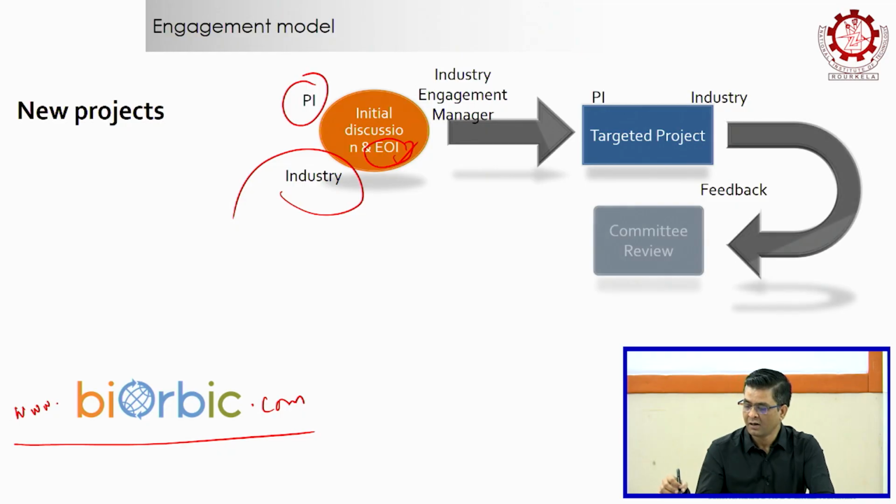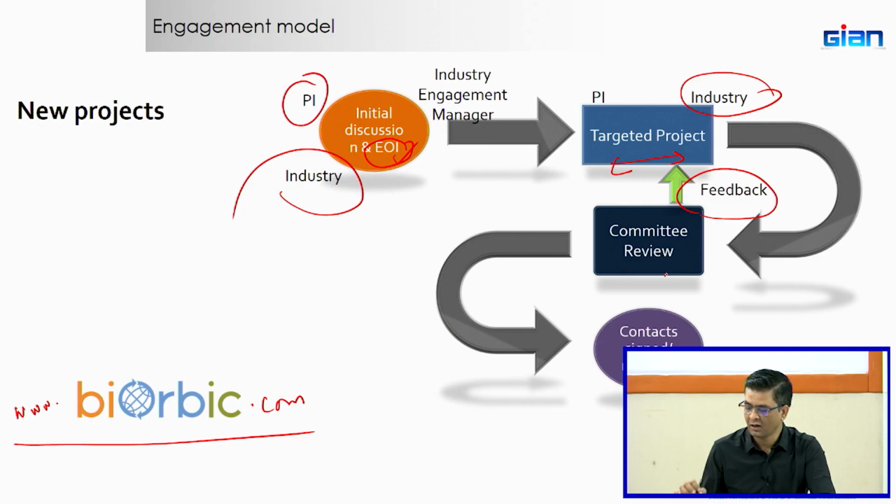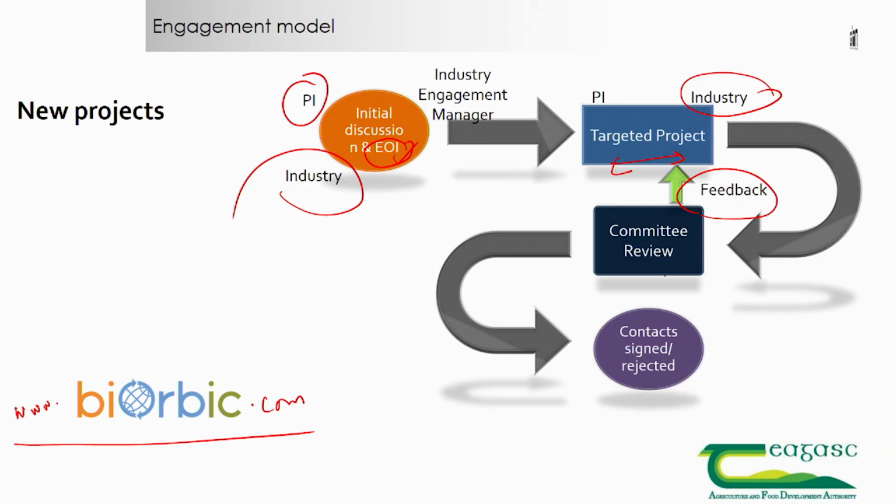Then a very short project proposal is developed with industry, we get feedback, it is reviewed, and then the contract is signed. So this is the model where industry is engaging directly with the researcher.